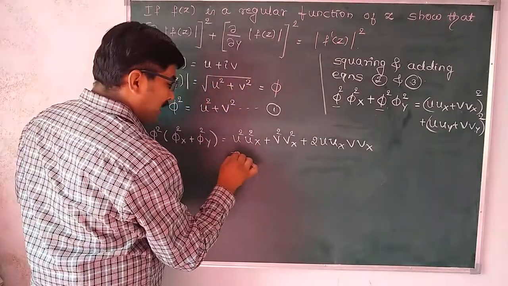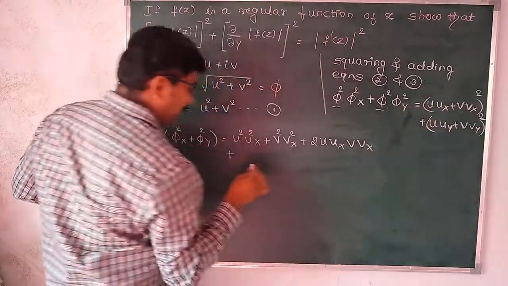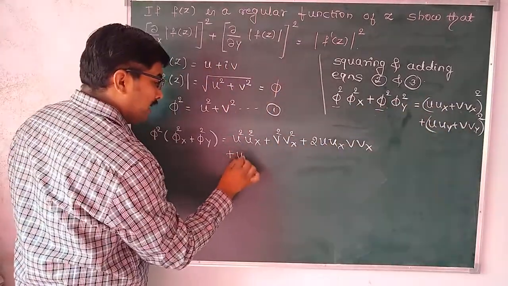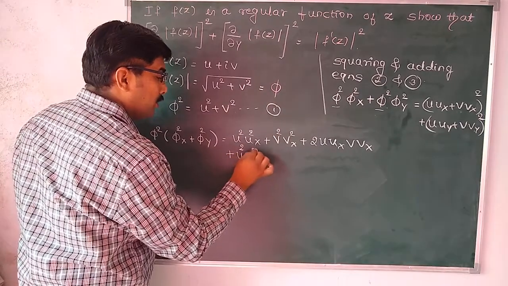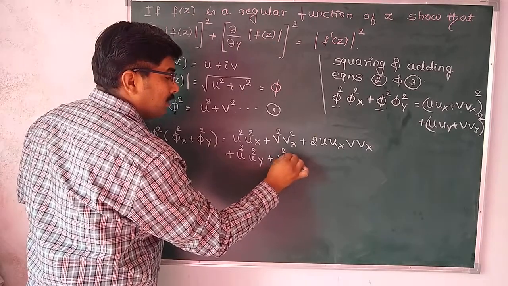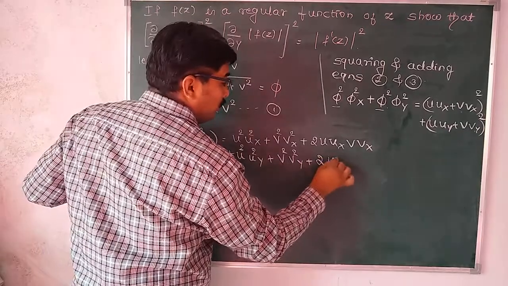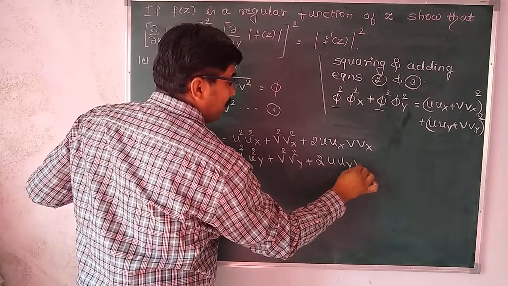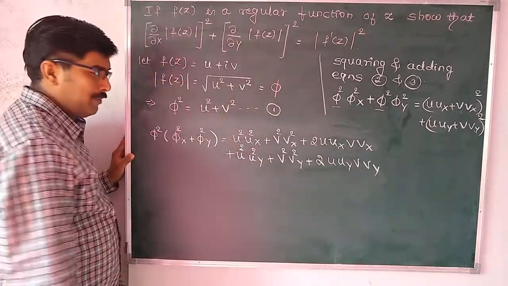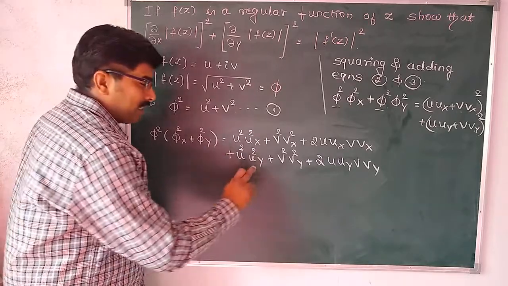Similarly, here we can write it as plus by using again a plus b whole square formula, where a value is uy and b value is vy. So we can write it as u square y plus v square y plus 2 uy and vy. This is a square plus b square plus 2ab. Now you can apply Cauchy-Riemann equations for these two terms.